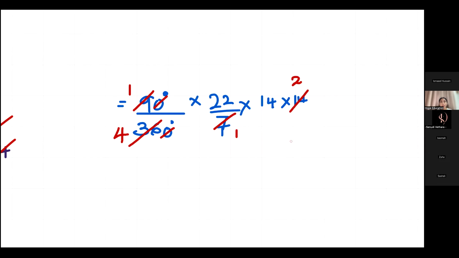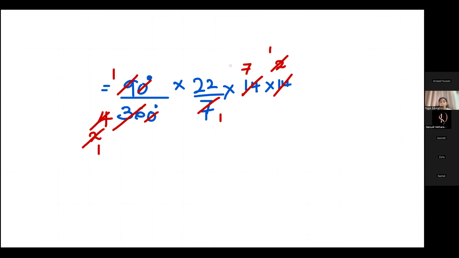2 times 1 is 2. 2 times 2 is 4. The 2 and the 4 cancel. The 2 remaining. Then 2 times 1 is 2. 2 times 7 is 14. At the end, we have 7 and 22 only remaining.